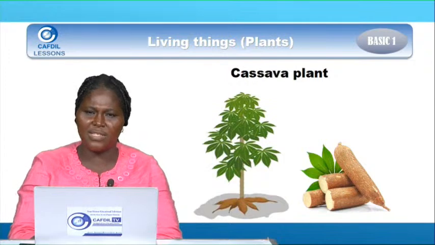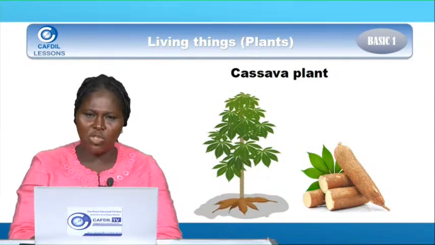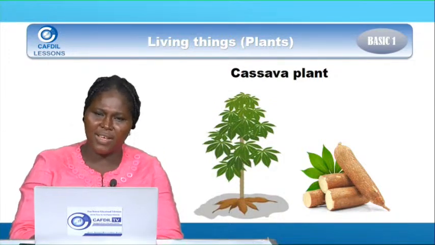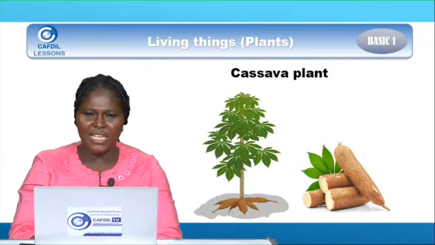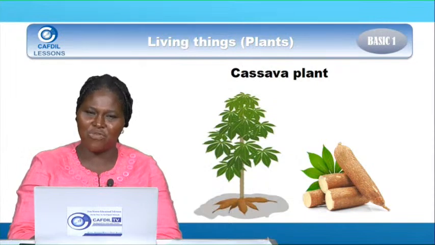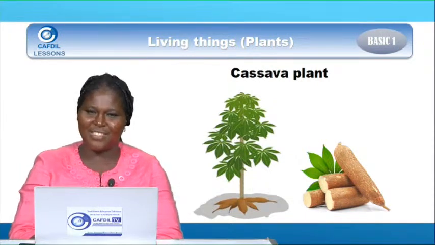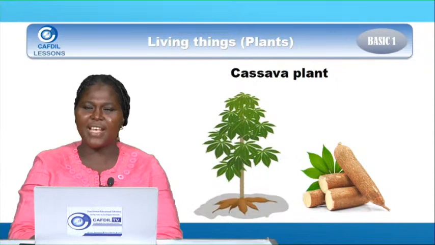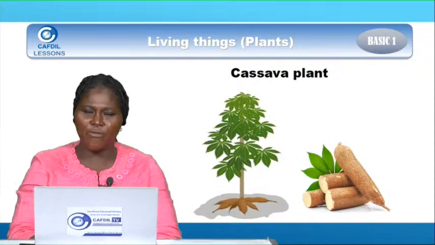I hope you have seen some before. Most of you have seen the cassava, but you haven't seen the plant before. Now we have the cassava plant on our screen. We get the cassava from the soil.